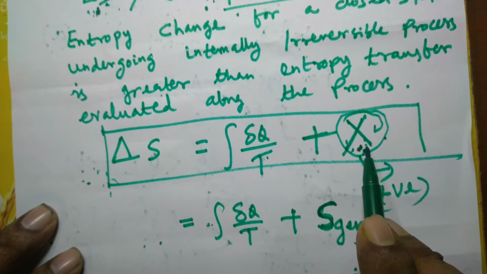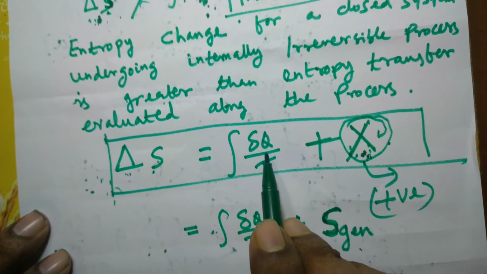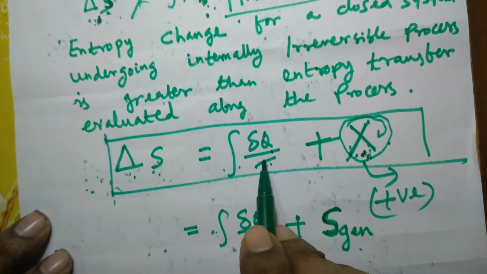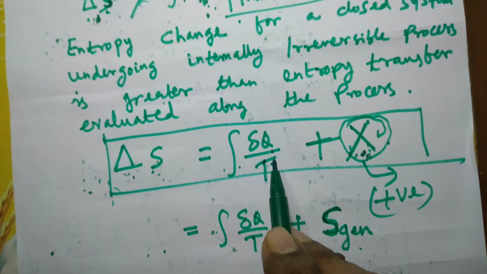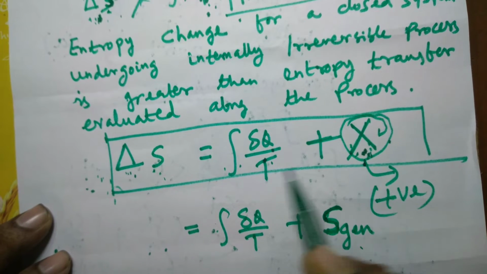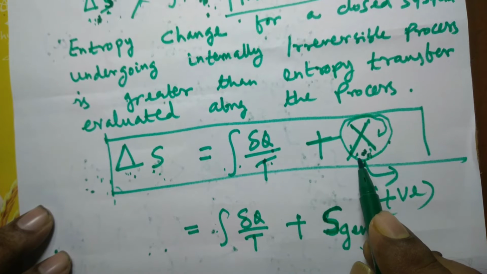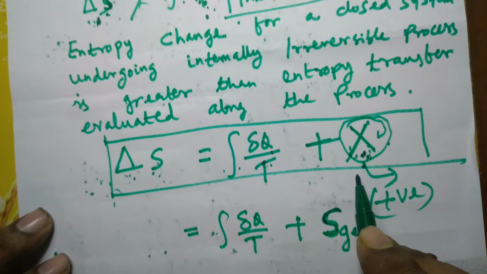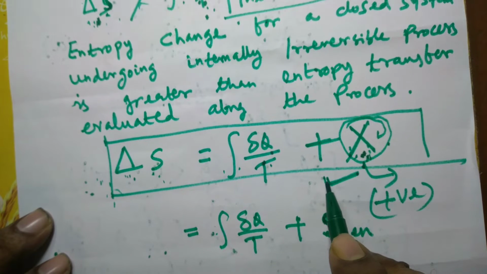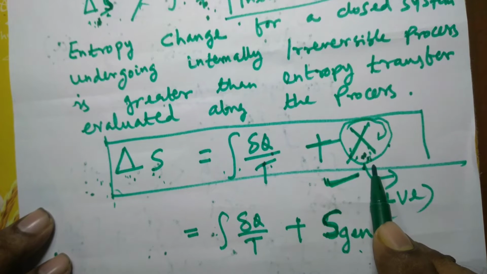But for a reversible process, we know the relation is delta S equal to the integral of del Q by T. There is no other term present, but for an irreversible process an additional term is there, which is entropy generation. So entropy generation is present only for an irreversible process. For a reversible process undergone by any system, no entropy generation is there.